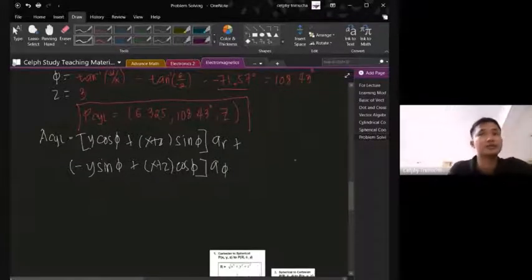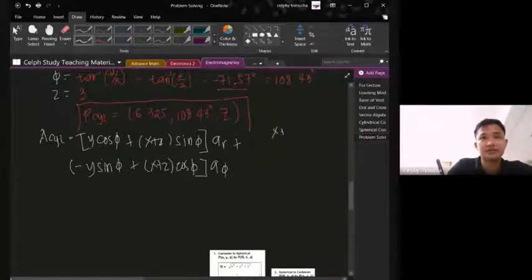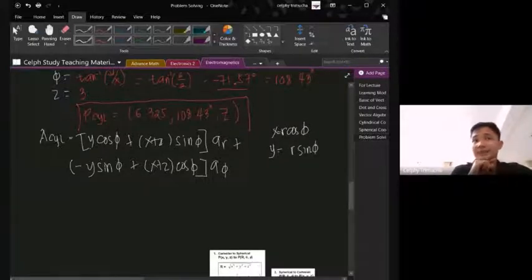Okay, so take note lang of the relationship liwat sang aton nga x. X naton is equal to r cosine sang aton nga angle. Y naton is equal to r sine sang aton nga angle. So pwede kita mag-substitute pa sang values.